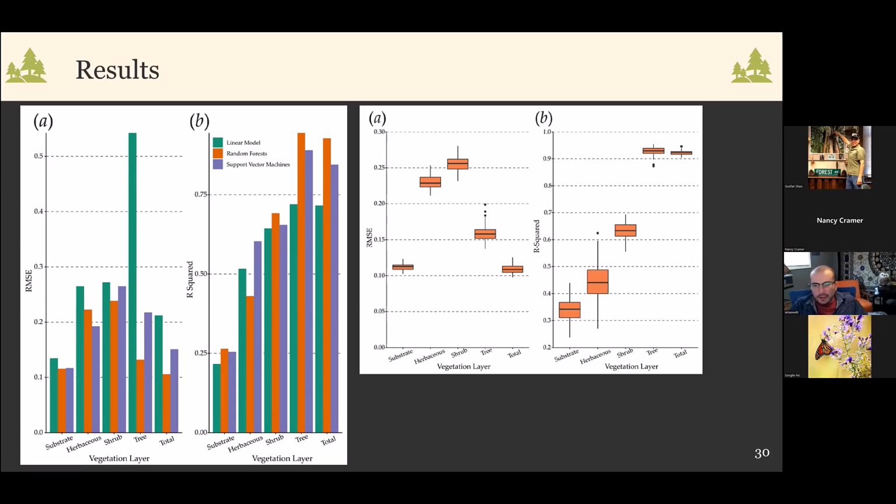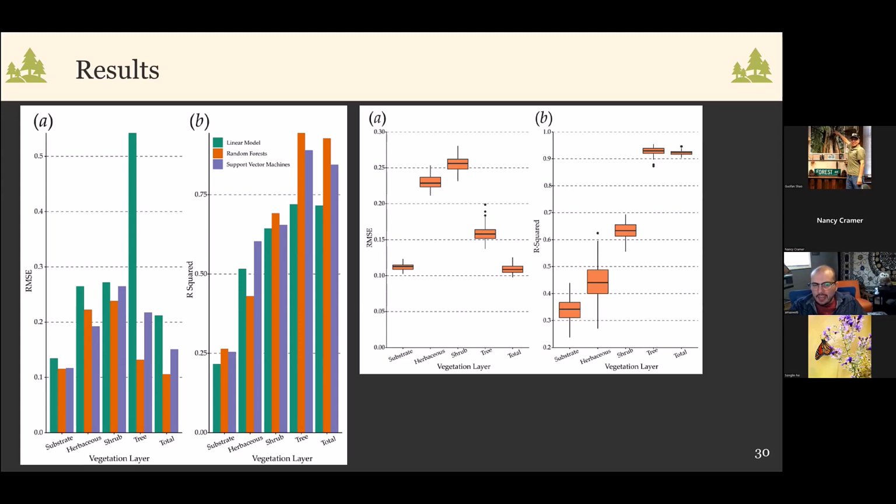Generally what we found was that using this differencing of the TLS metrics pre and post burn, we were able to get decent predictions, fits, or correlations with CBI for the total CBI and for the trees only. The results for the shrubs were okay, around a 0.6 to 0.7 R-squared.